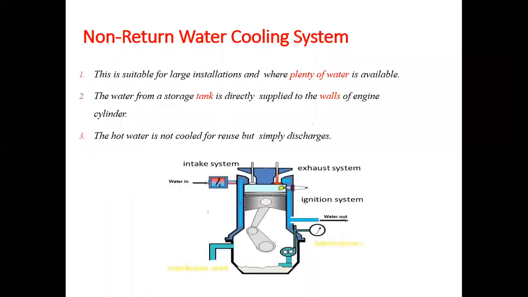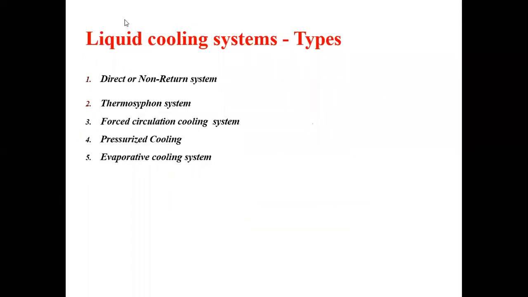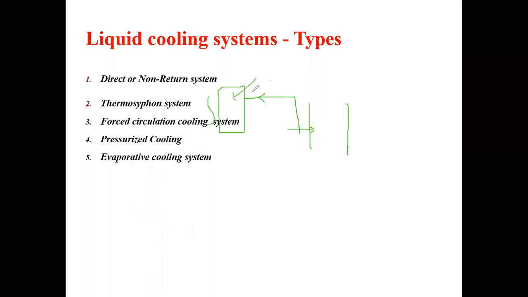So from this one can understand that in a water cooling system, water is used to cool the engine cylinder. But once this hot water is passed to the radiator, the radiator is a device used to cool the water.